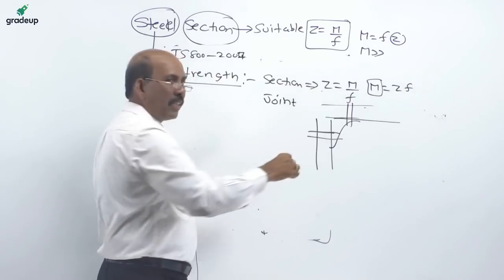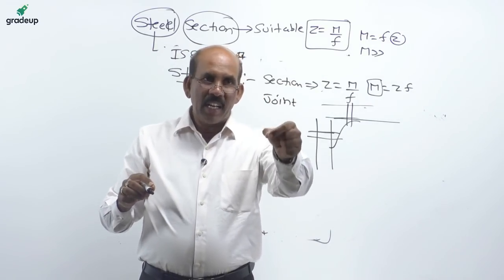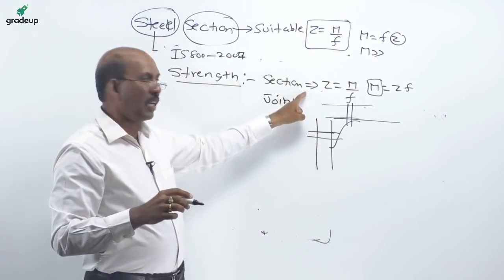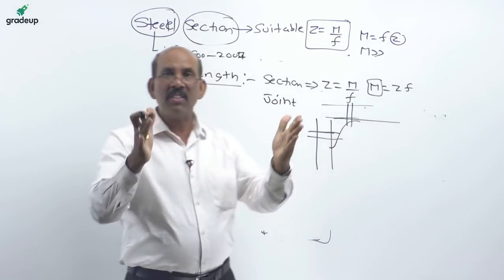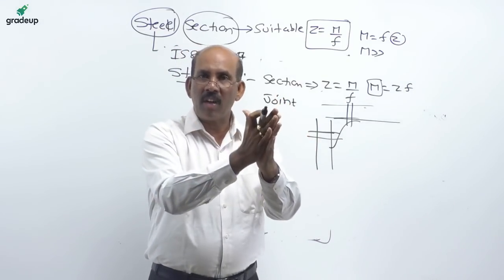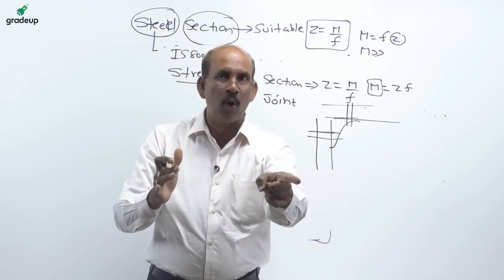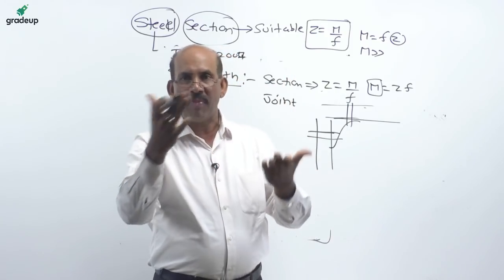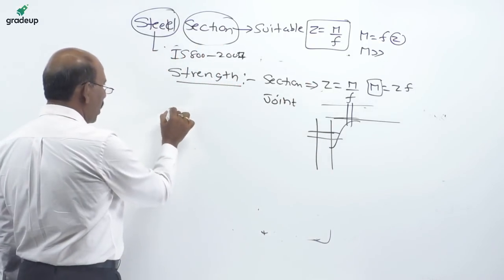The stability of the section depends not only on the strength factor you considered, it also depends upon the strength of the joint. The joint should be very capable of carrying the load. That carrying of load we express in terms of efficiency and strength, so we call this the efficiency of joint.